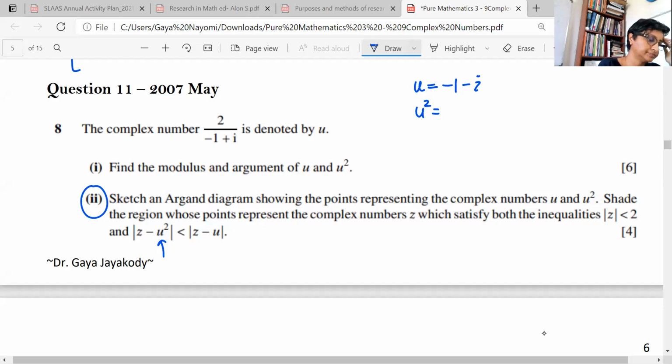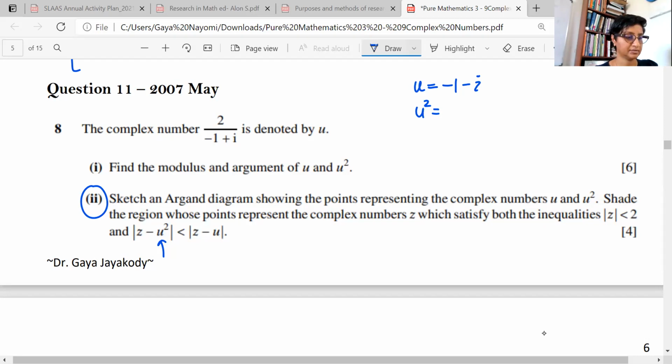U squared. Is it 2 plus 2y, something like that? Miss, you're asking what is the U squared?